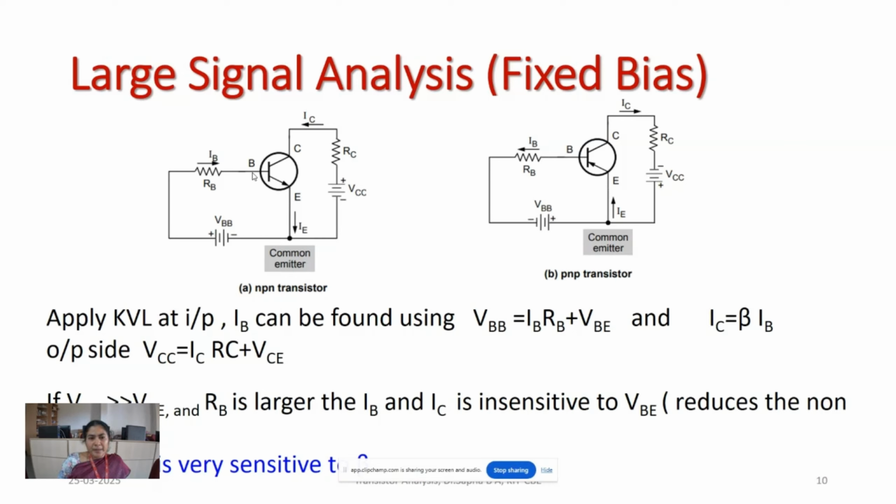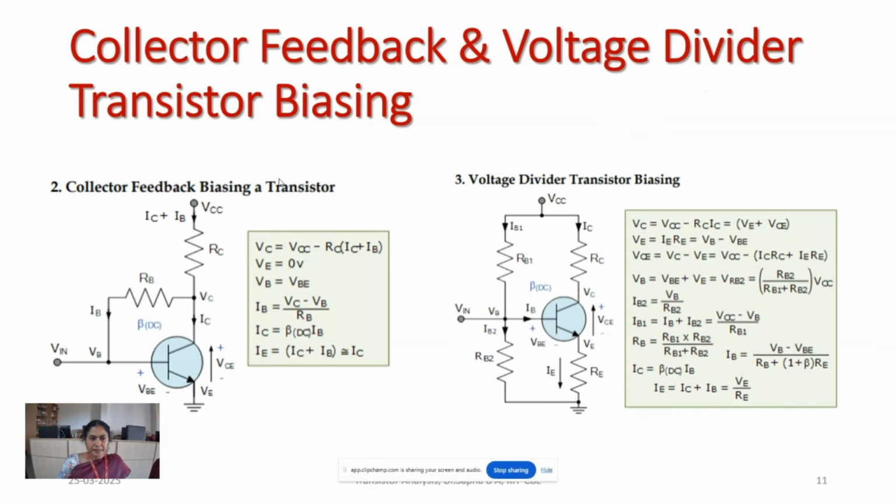There are two more biasing schemes we can discuss here: the collector to base bias, or feedback bias, and the potential divider bias, which makes the non-linearity reduced. The first one acts as collector feedback biasing of the transistor, where the base resistor is connected from the collector. So there is a feedback taken from the collector, and that is fed as the input to the base terminal.